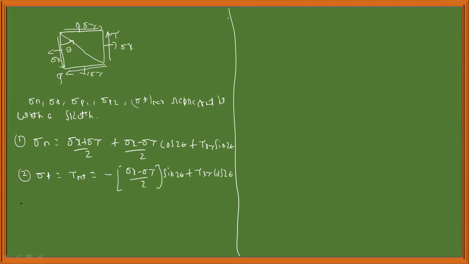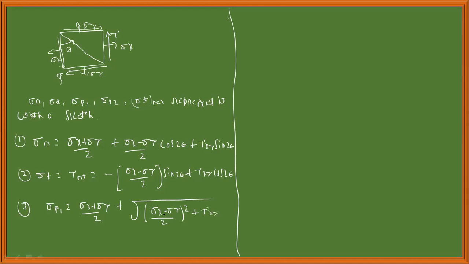Okay, principal stresses. Principal stresses can be calculated as sigma p1 equal to sigma x plus sigma y by 2, plus root of sigma x minus sigma y by 2 the whole square plus tau square xy.